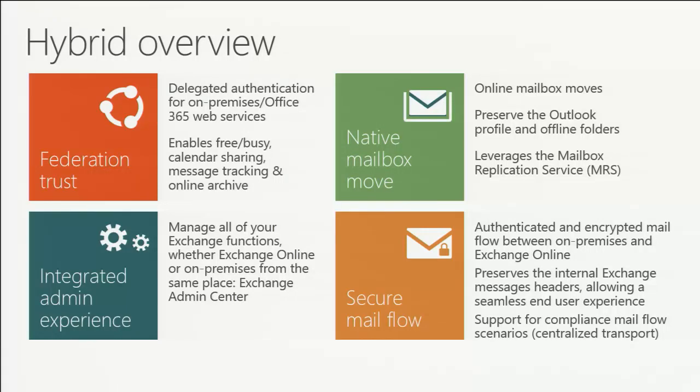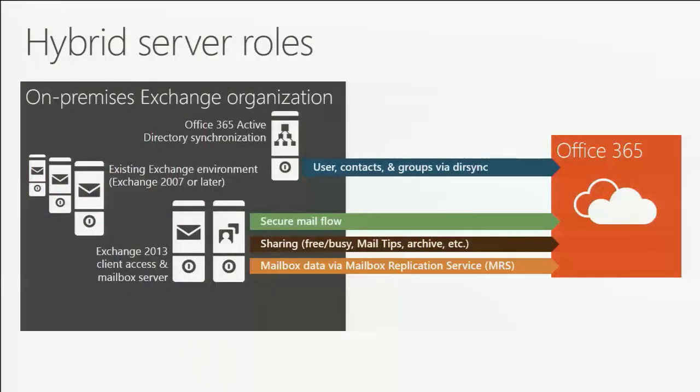So, now that you know that hybrid brings you some great benefits, let's talk a little bit more about what's happening behind the scenes, what we need to do to make that work or to get that deployed. The first part of hybrid, and before we ever go to set up or configure Exchange Hybrid, is the concept of directory synchronization. We don't want that first user that you move to your Office 365 tenant to have an address list with one person in it.